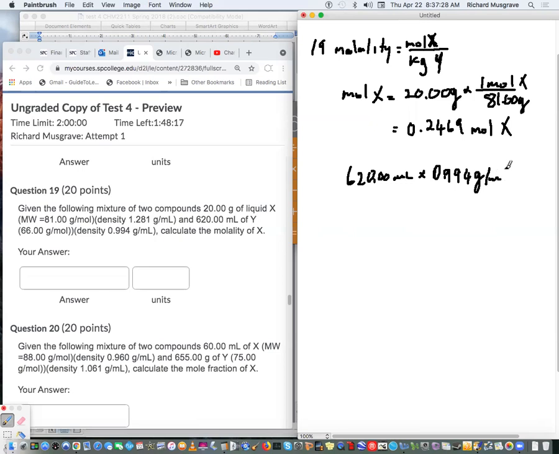So again, to do that, that means we end up with grams. And that's 61.6 grams.